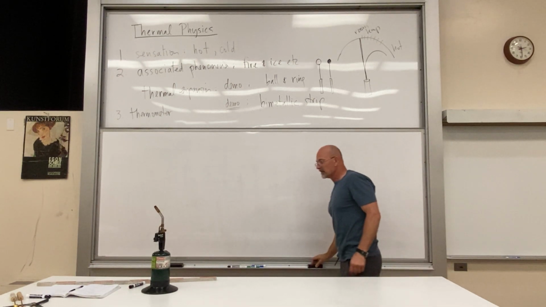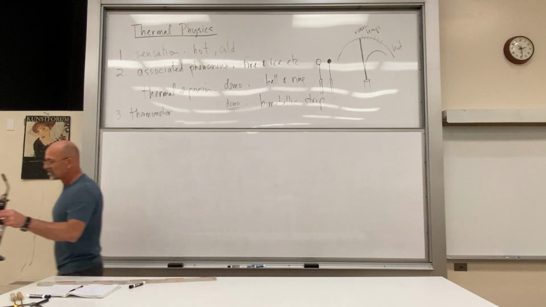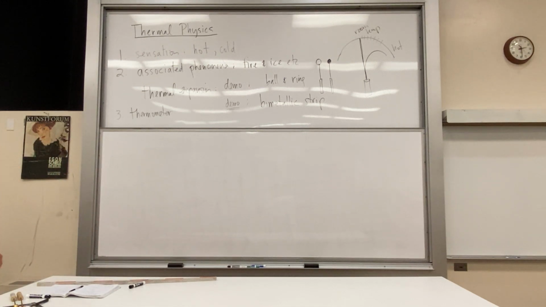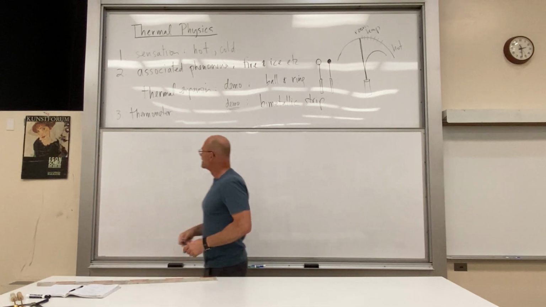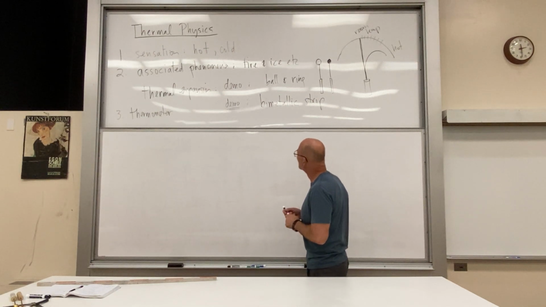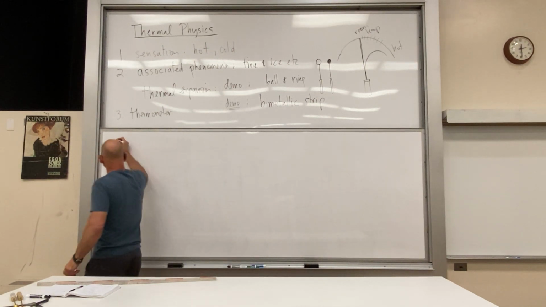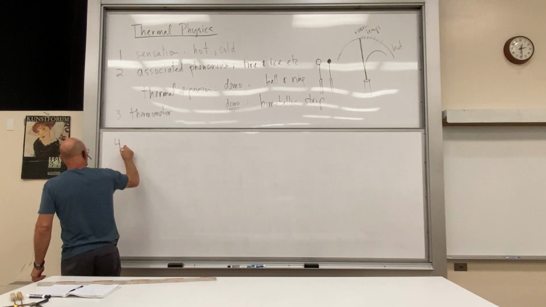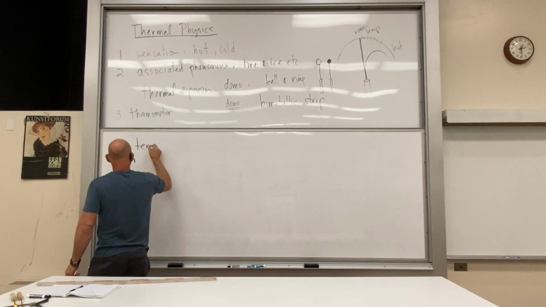We're making use of thermal expansion for our thermometer. Okay, what follows on that is the temperature scale. Okay. So next in line here, 4, temperature scale.